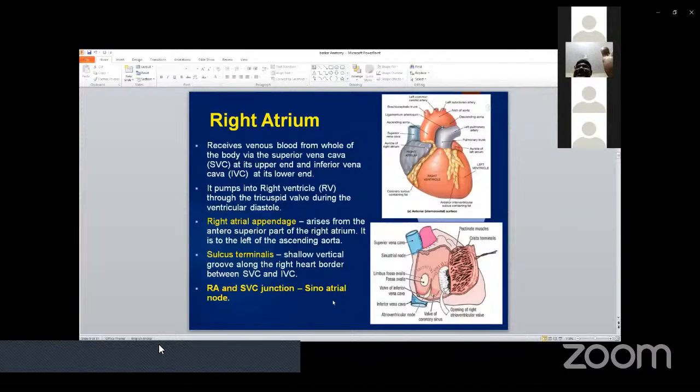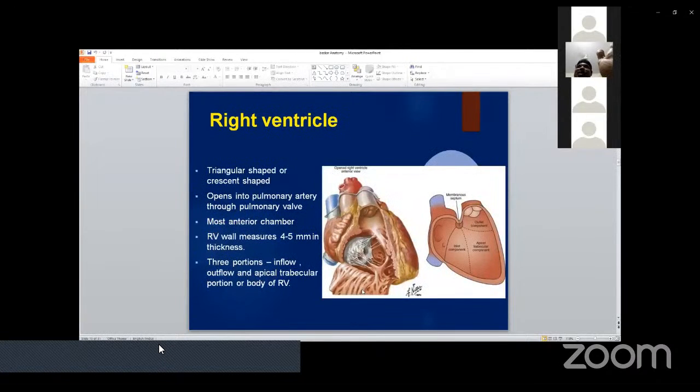Once the left atrium is filled with oxygenated blood, it passes to the left ventricle. So now you know very well the function of the heart and how it functions to supply oxygenated blood.